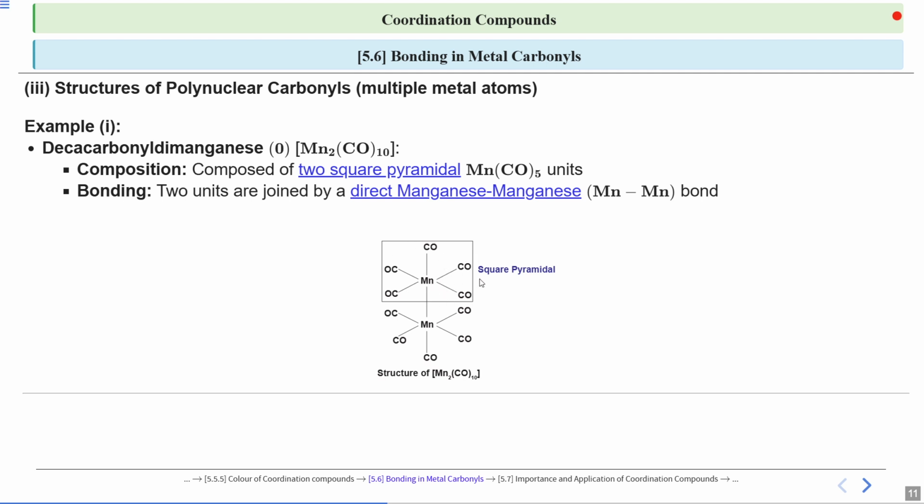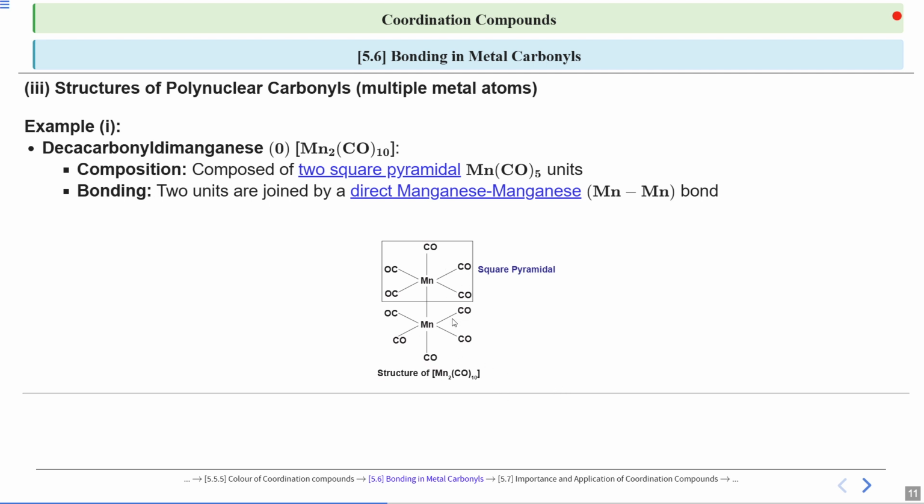Manganese is the central metal in this unit, which is arranged in square pyramidal geometry, and here 5 carbonyls are bonding with the central metal manganese. Similarly, this is the other unit, the lower one, where the central metal is manganese attached to 5 carbonyl groups. When these 2 manganese atoms bond directly, they form this complex by joining these 2 square pyramidal Mn(CO)5 units, giving us the structure of Mn2(CO)10, or decacarbonyl dimanganese 0.